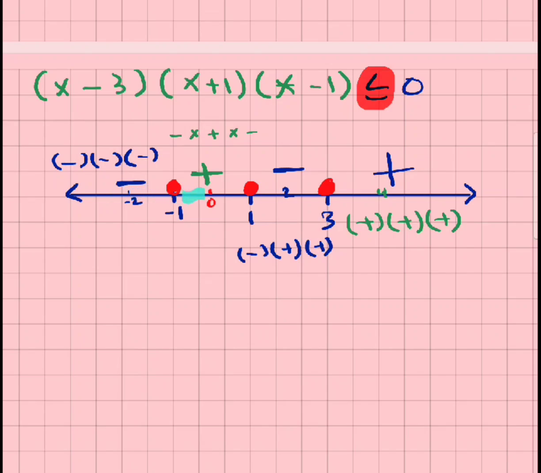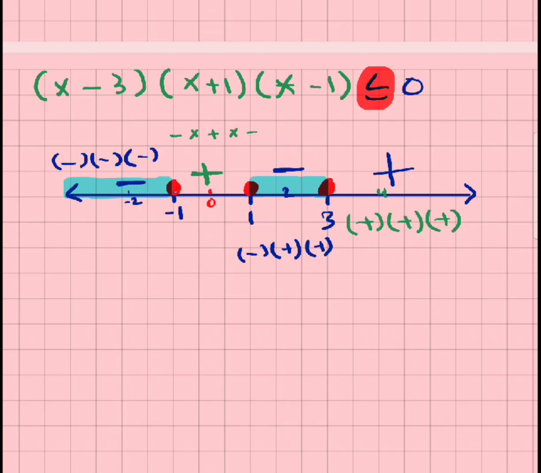Now we want the part that's negative, so we want this region and also the region between these two parts.